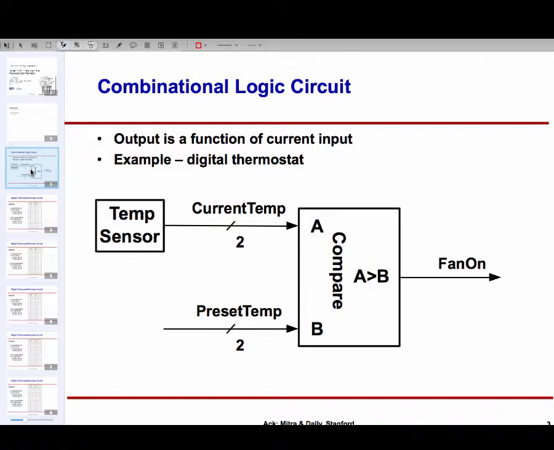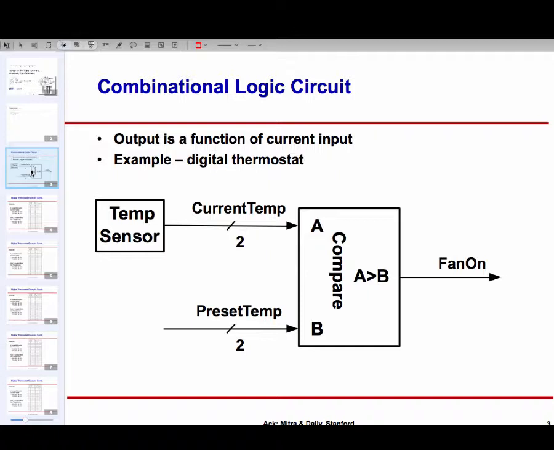What the system does is check input A and compare it against input B, and if A is greater than B, then it turns the fan on. So it has an output called fan on, which presumably goes on to control some electrical switch. Whenever the current temperature is higher than the preset temperature, you need to cool things down, and therefore it is going to turn the fan on.